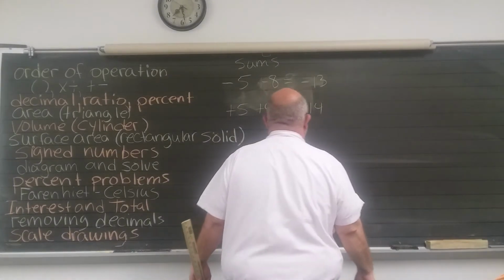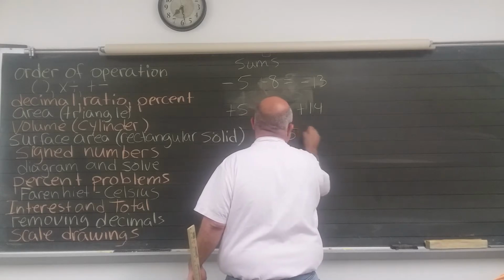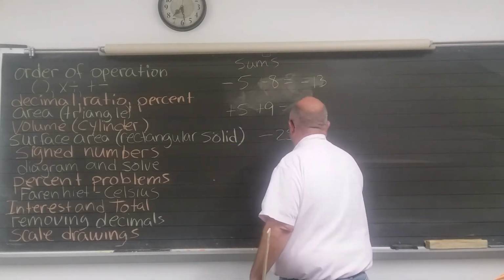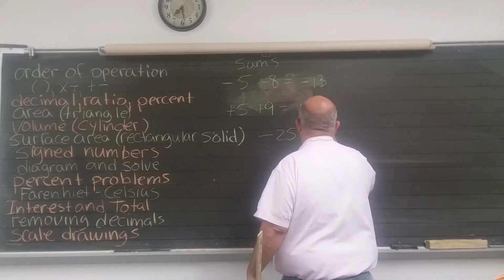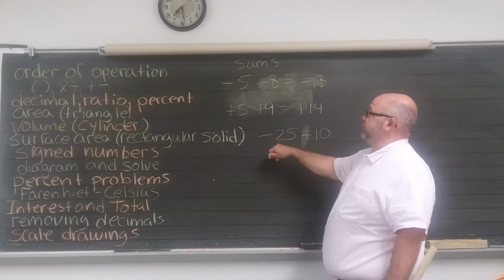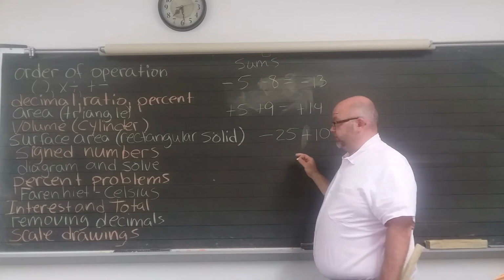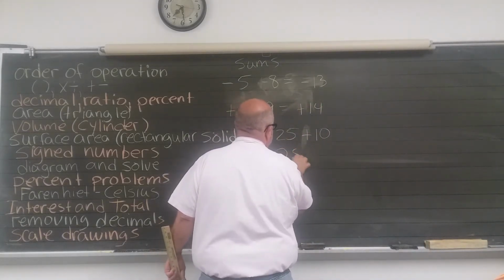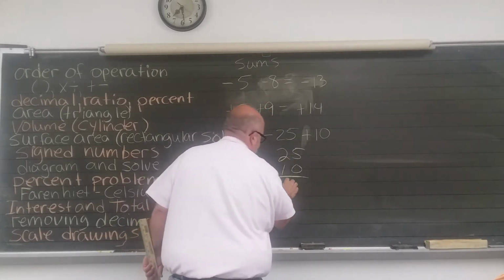If the signs are different in addition, negative 25 and positive 10, and you're looking for the sum, you're adding, so you subtract the values. 25 minus 10 is what? 15.